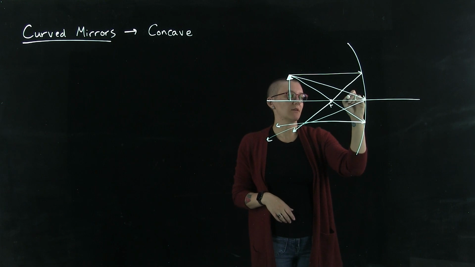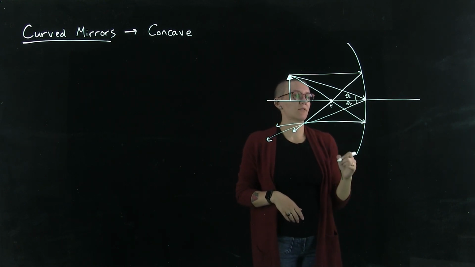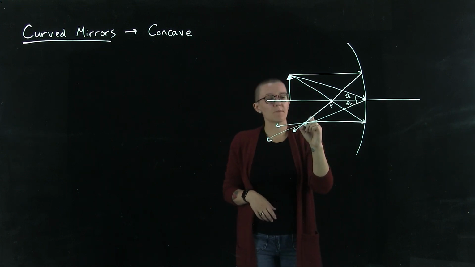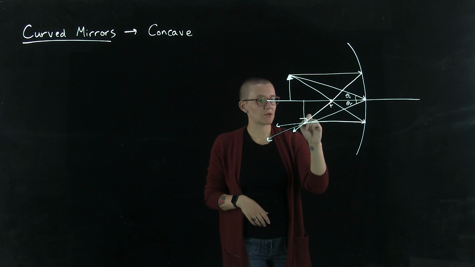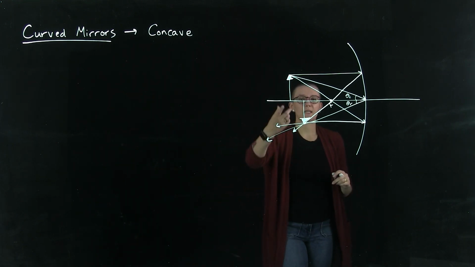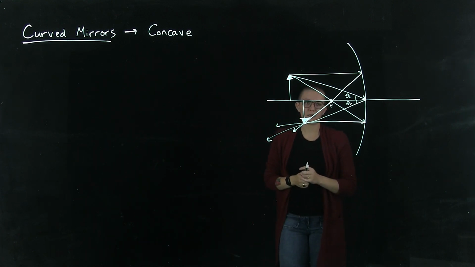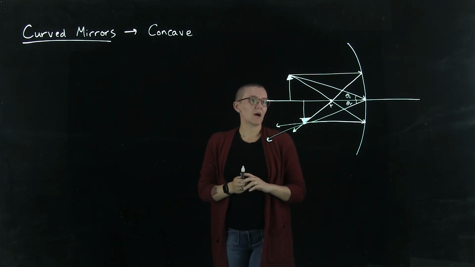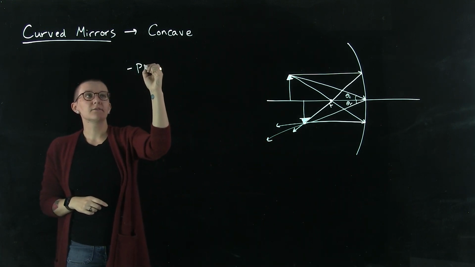This angle here is the same as that angle there, theta I, theta R. We can see that just about this point is where they all intersect. So we can draw our arrow like so, and we see that it is flipped over, inverted on this side of the mirror. Concave mirrors will in general have positive focal lengths.